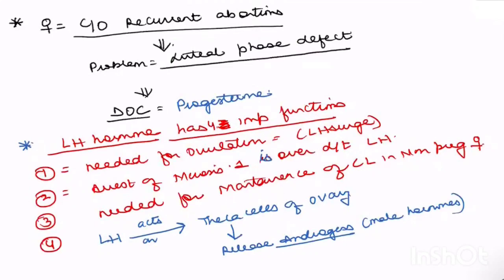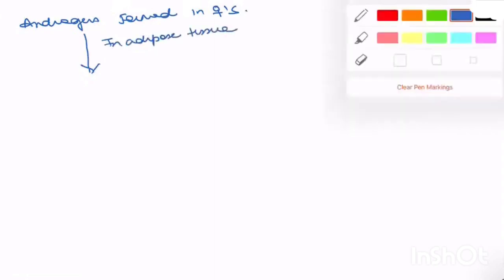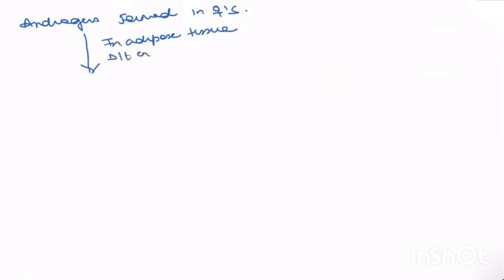Now the fourth point which I am telling you: LH acts on the theca cells of the ovary, and from theca cells of the ovary it will release male androgens. Now these androgens, which are formed in females, in adipose tissue, due to the enzyme aromatase, will get converted into estrogen. And which estrogen?